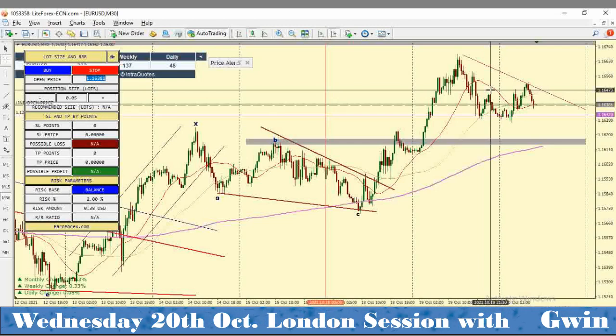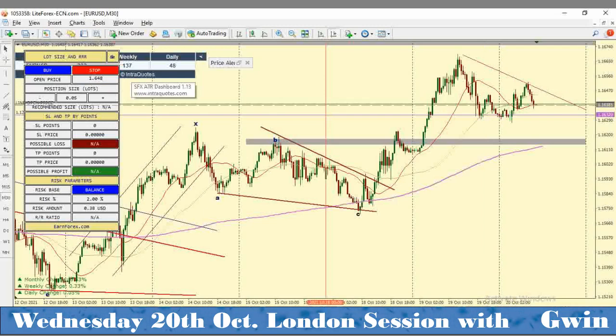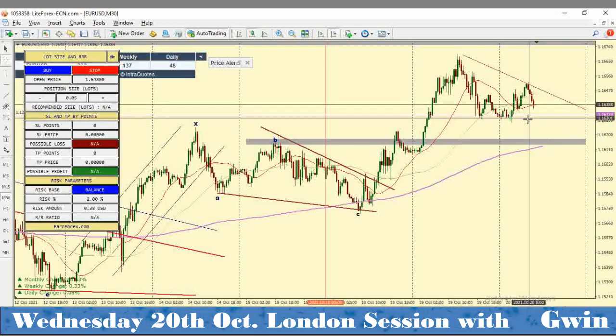1.648. Let's see what that means. I'm going to put my stop loss at the low, so it's going to be at the low of the previous structure there.